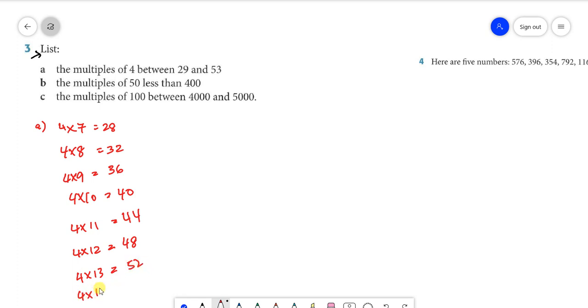And 4 times 14 is 56. Okay, so the question says between 29 to 53.